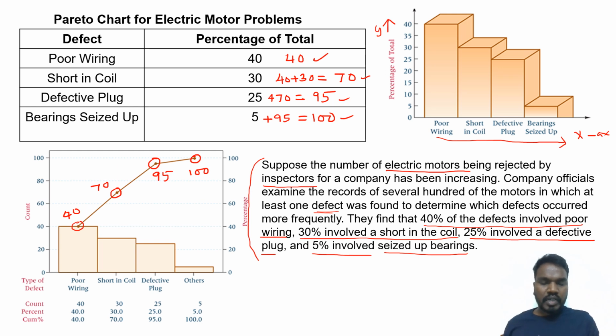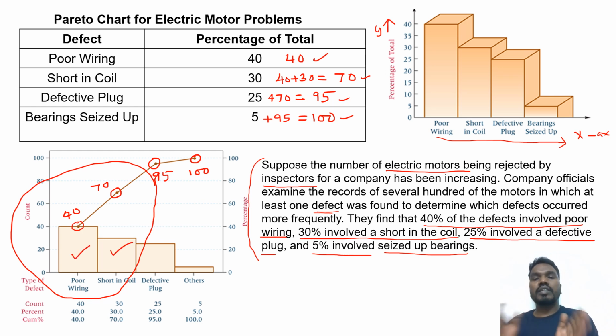Now from this we can understand that, according to Pareto, this is a major cause. Around 80% of the problems are caused by poor wiring and the shorted coil, right?